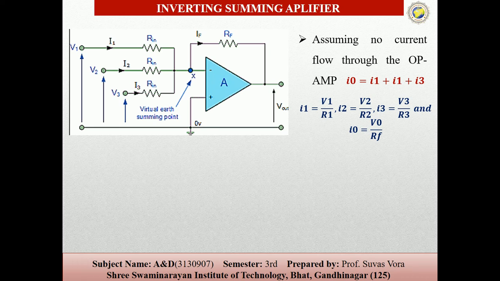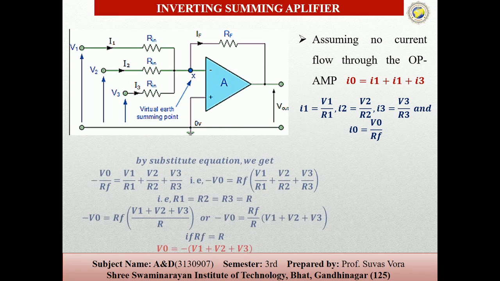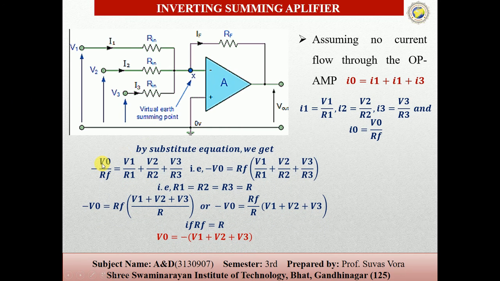So we know that I1 equal to V1 upon R1, I2 equal to V2 upon R2, I3 equal to V3 upon R3, and the output I0 equal to V0 upon RF. So by substituting the equations, V0 upon RF equal to V1 upon R1 plus V2 upon R2 plus V3 upon R3. So minus V0 equal to the feedback resistance RF into V1 upon R1 plus V2 upon R2 plus V3 upon R3.